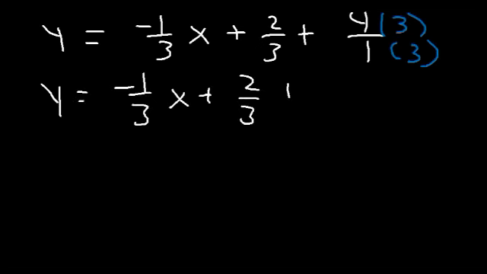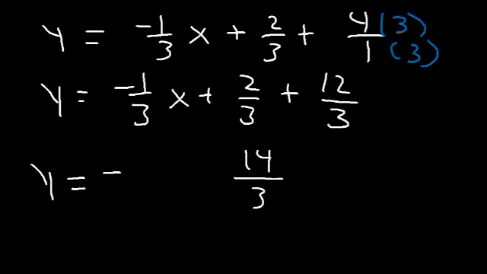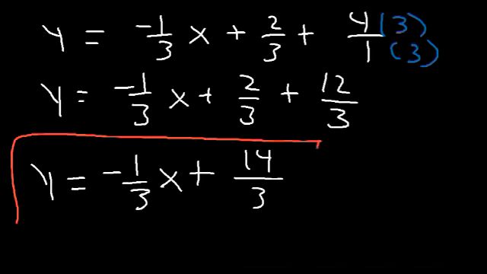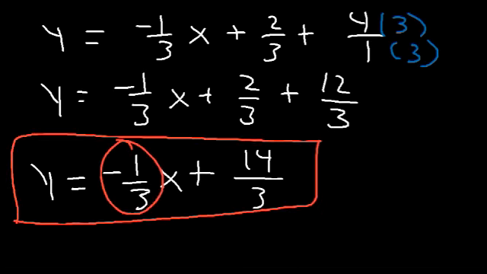So 4 times 3 is 12. So 2/3 plus 12/3. 2 and 12 is 14. So this is the final answer in slope-intercept form. You can see that the slope is negative 1/3 and the y-intercept is 14 over 3.